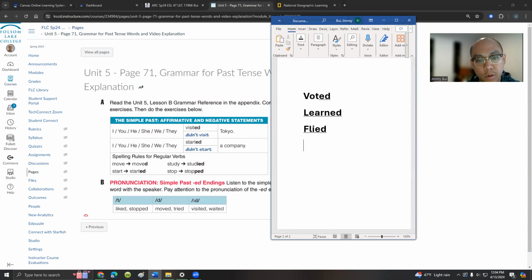Okay. When we have a verb ending in one vowel and one consonant, you double the consonant. Let's just say top. Double the consonant, ED. Okay.